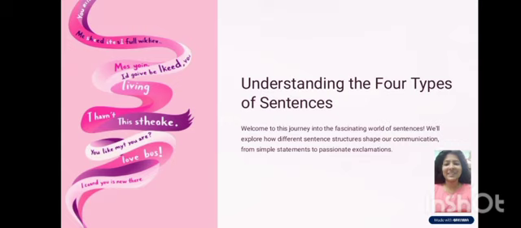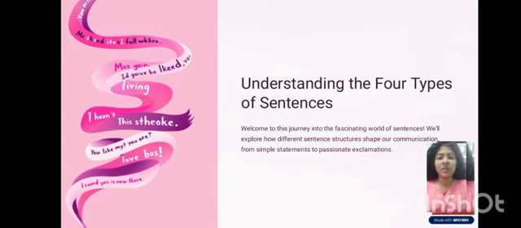So, language is a system of communication through which thoughts, ideas, emotions, and intentions are conveyed. The sentence is a basic unit of communication, and sentences are classified according to the function or purpose they perform in conveying a meaning.